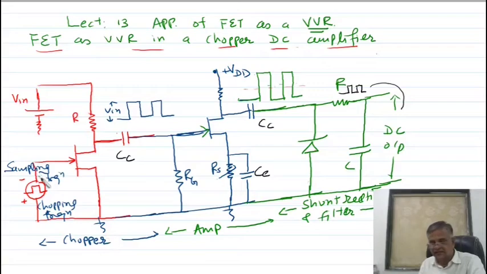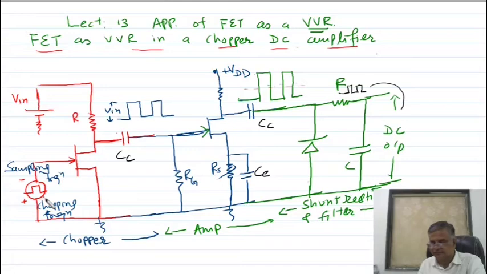Chopper means that it converts DC into AC, and the output of this chopper is nothing but the V in, and the frequency depends upon the sampling frequency or chopping frequency, whether 1 kilohertz or 1.5 kilohertz.